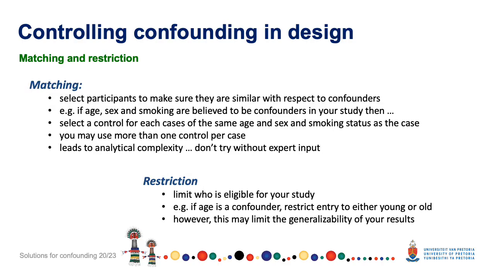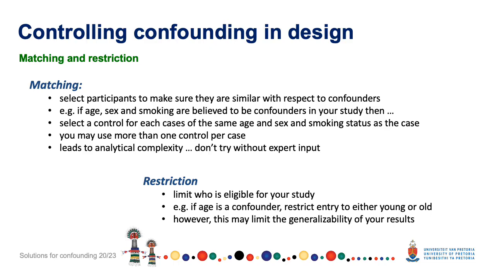The other two things that we mentioned at the proactive stage, if you want to prevent confounding in the first place, were matching and restriction. Now, with matching, you match your controls to the case. So if the case happens to be a 36-year-old woman, then you select a control, or you could have more than one control if you require more than one control, who is also a woman and also aged approximately 36.